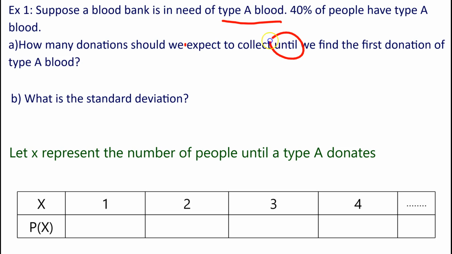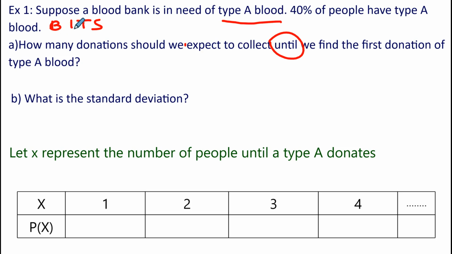So we see this word until, and that's a clue that we're dealing with potentially a geometric distribution. What are the other components that we have to look at? Let's think BITS. We have a binary situation because either a person is classified as type A blood type or not.